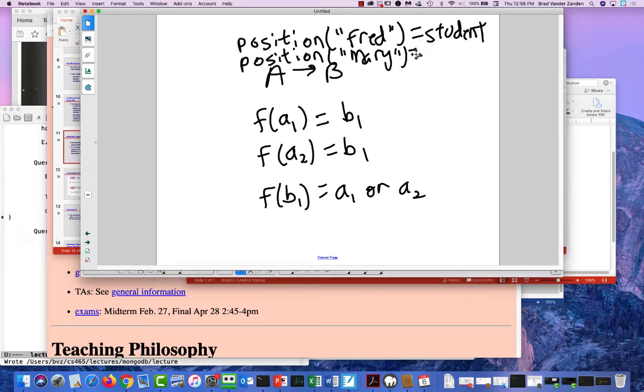That's fine. It's not okay, for example, to say that the position of Fred could be a student or a professor. So it's a one-to-one mapping from the left side to the right side.